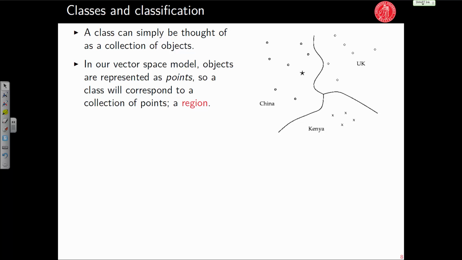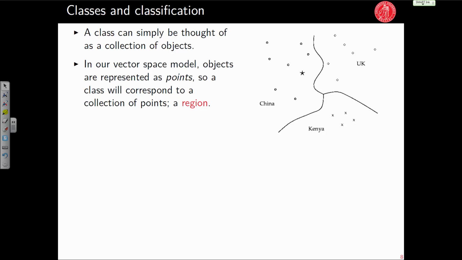If we have this two-dimensional space here, the X's, the circles, and the diamonds are representing objects in this two-dimensional space. Now, if we think again in this geometrical representation of data, the classes could be represented as regions within the vector space.